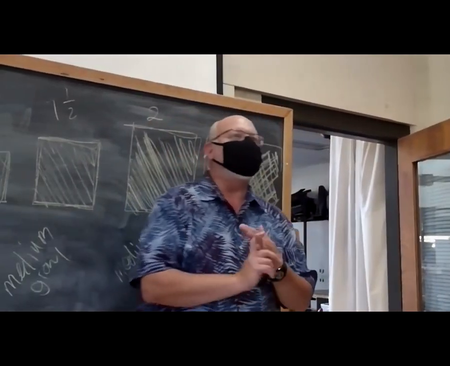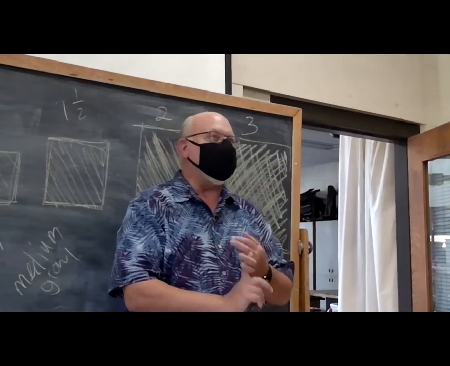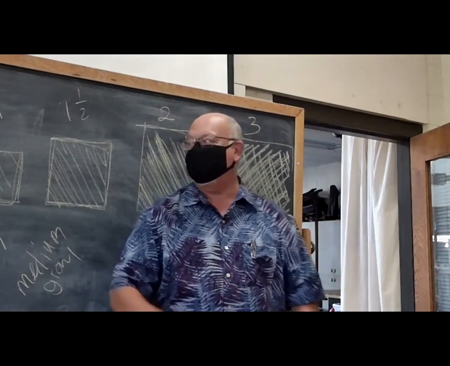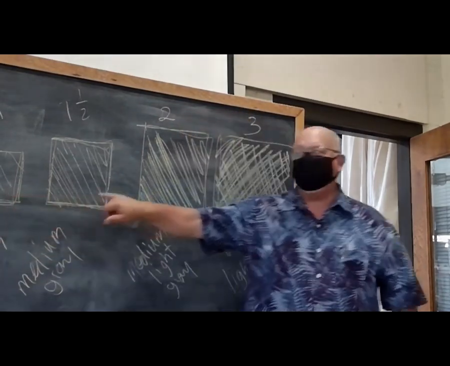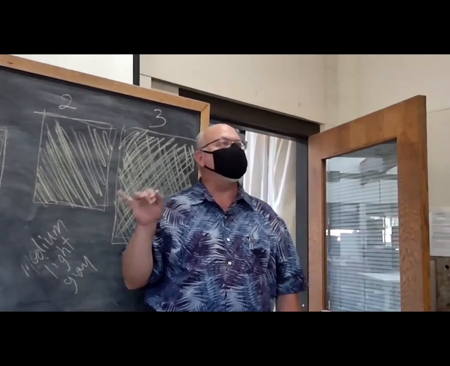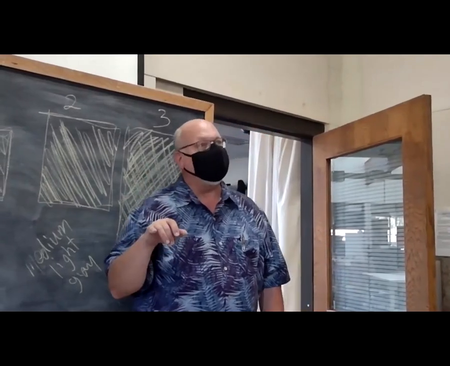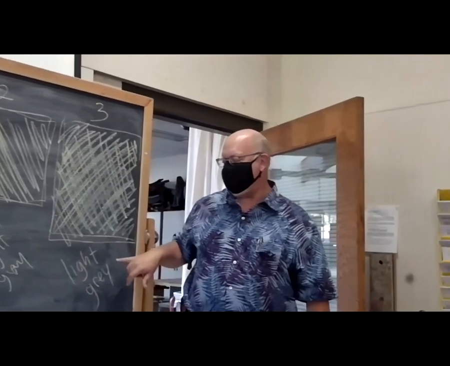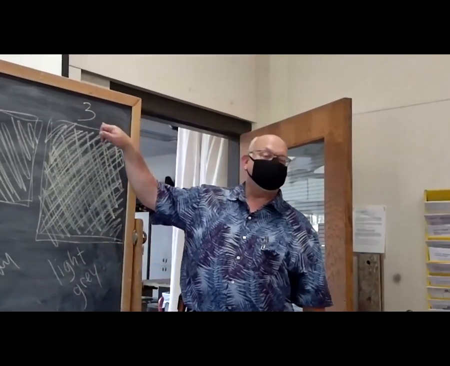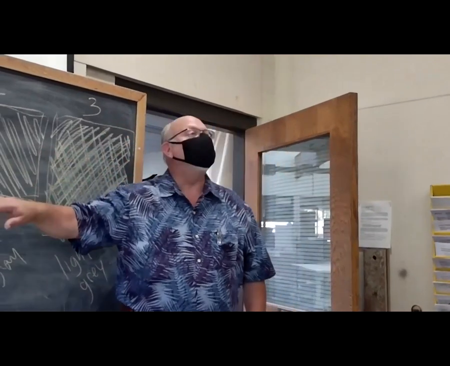So this hour of our class is the lab, where you could, if you wanted to, start looking for different shades of gray and different sizes of square that you could sample out, and you could cut out a couple of them today. You could cut out the great big light gray square that is 3 inches by 3 inches or whatever.